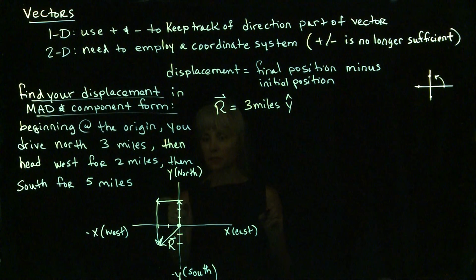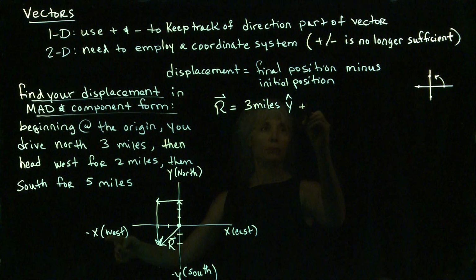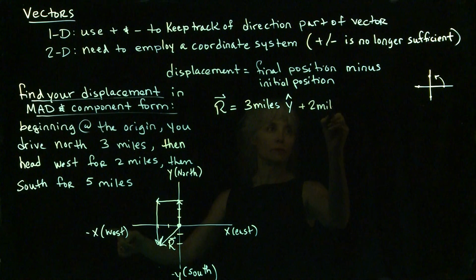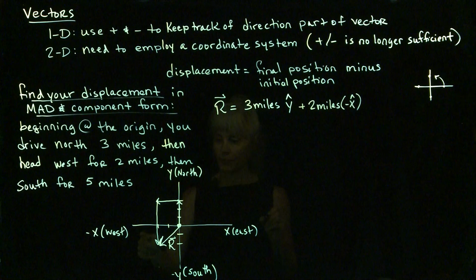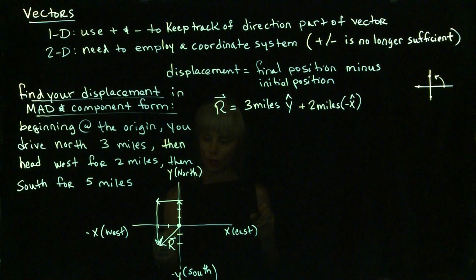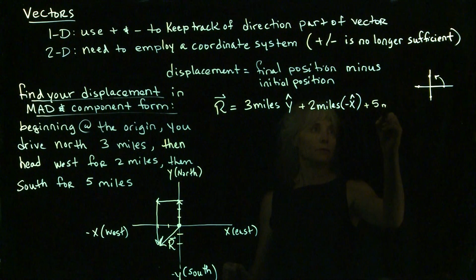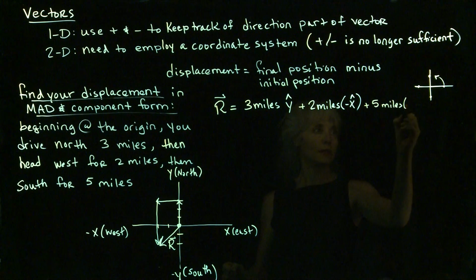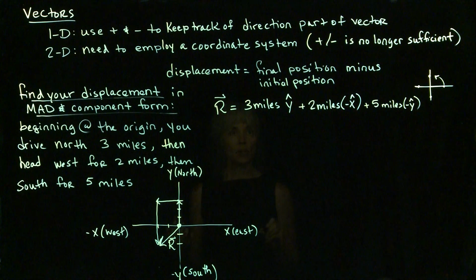The next piece of the displacement is 2 miles to the west, and the west is minus x. So that's going to be plus 2 miles along the negative x direction. And then lastly, we're going to go 5 miles along the negative y direction. So this is going to be plus 5 miles, and that's going to be along the minus y direction. So there is our displacement in component form.